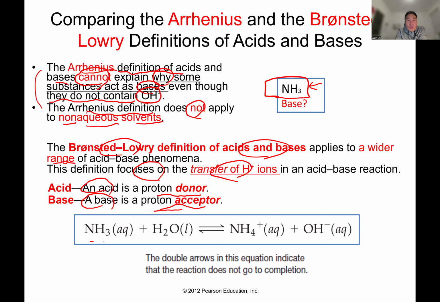So take ammonia with dihydrogen monoxide generating ammonium ion and hydroxide. There are two hydrogens in the reactant water. After reaction, you can see one hydrogen. So this is a proton donor. This one is the acid. Ammonia has three hydrogens. After reaction, you can see four hydrogens. That's the proton acceptor, that's the base.